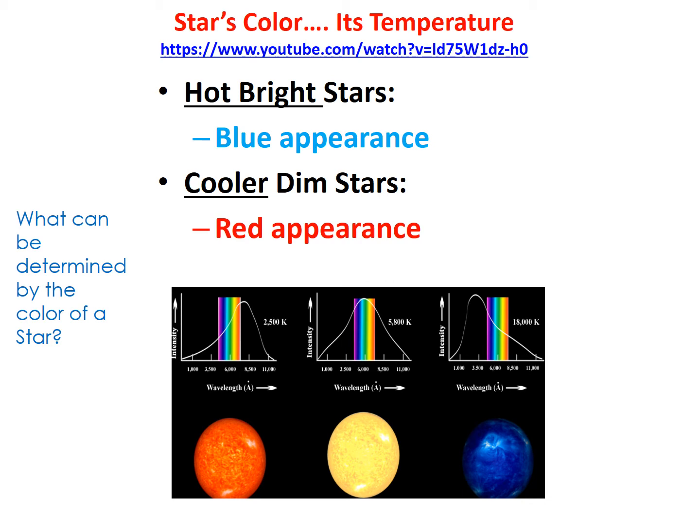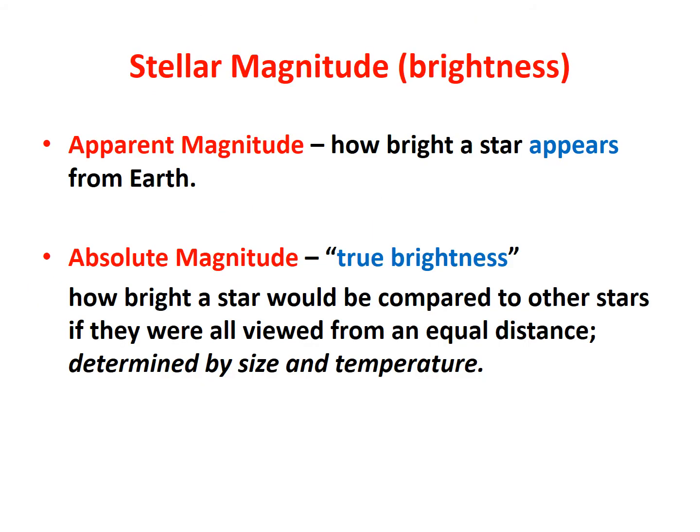Now, related to the light that comes from stars, we have two terms that we use. The best way I could describe this would be if you're going down a country road and somebody approaches you and they obviously have their high beams on. Far enough away, you can tell that they have their high beams on.